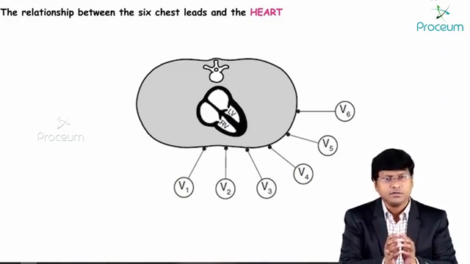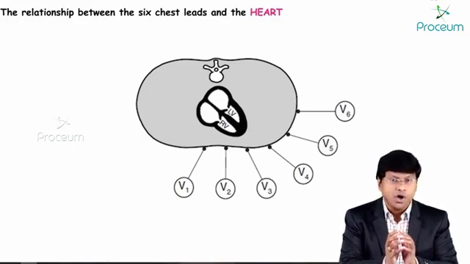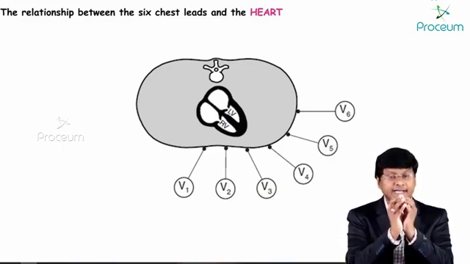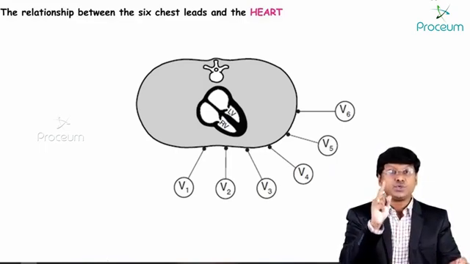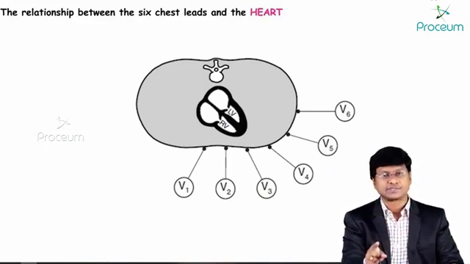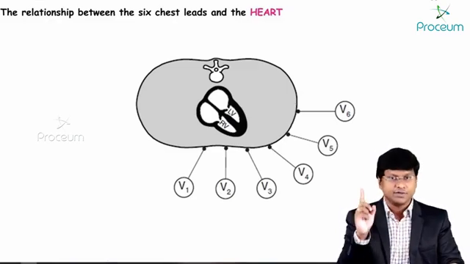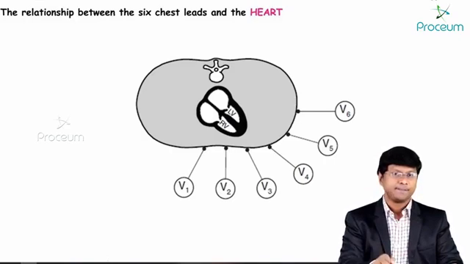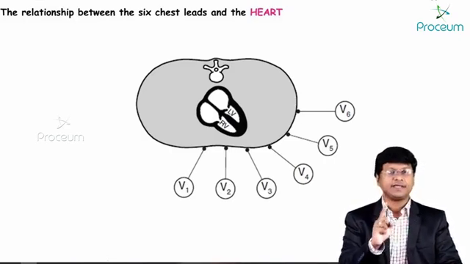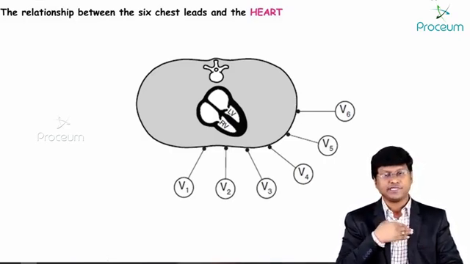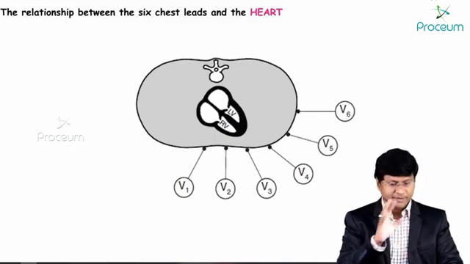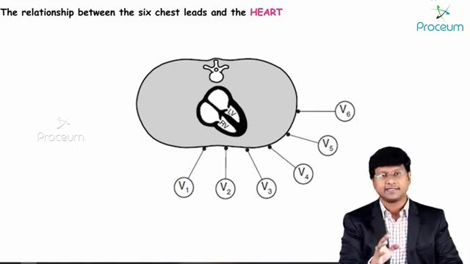To pick up the electrical activity of the entire heart, anterior surface, posterior surface, inferior surface, lateral surface, right ventricle, you require 12 leads.